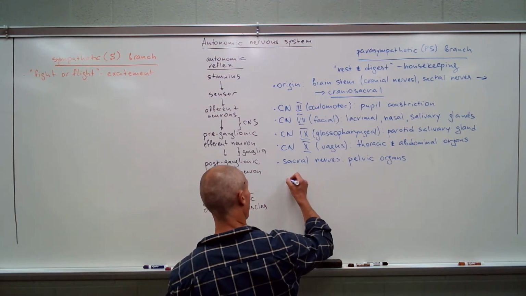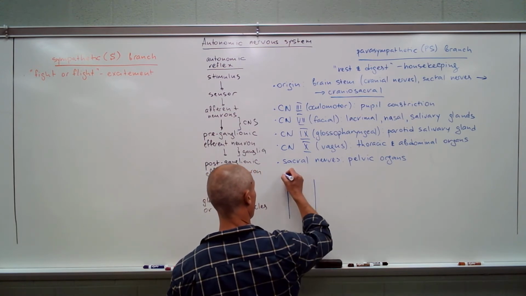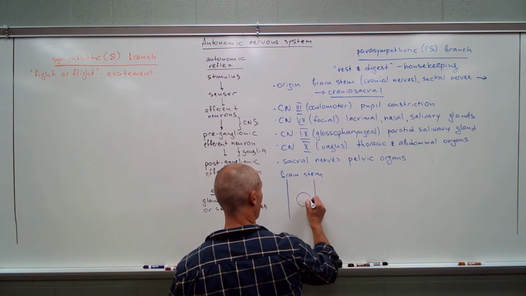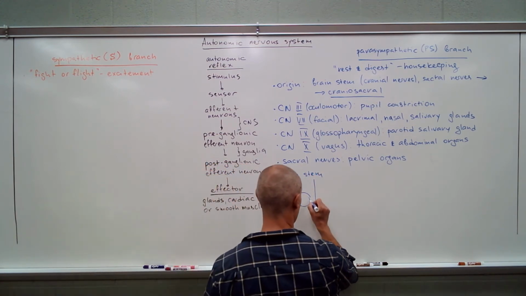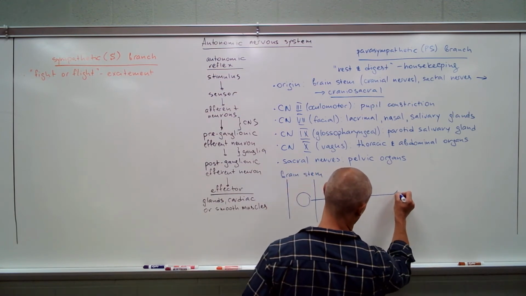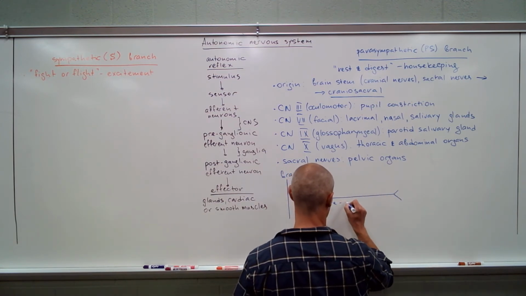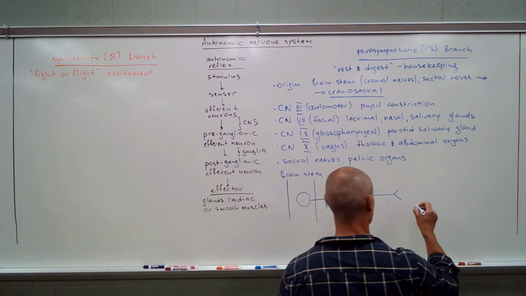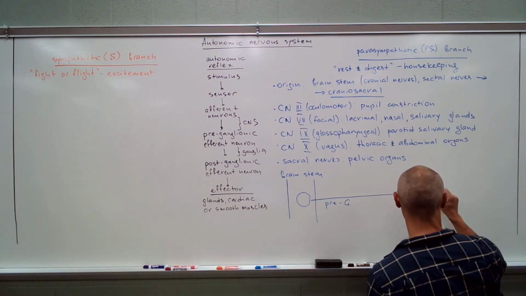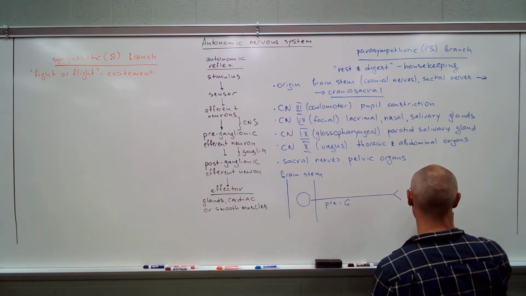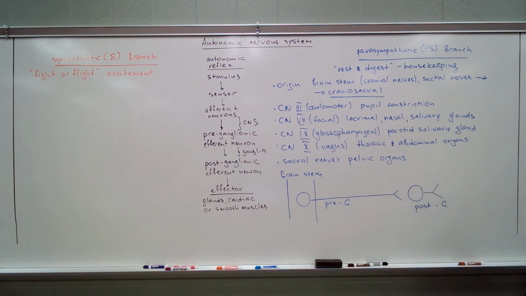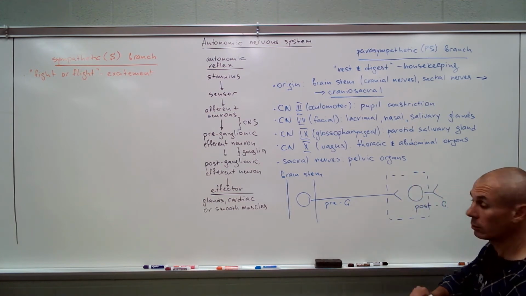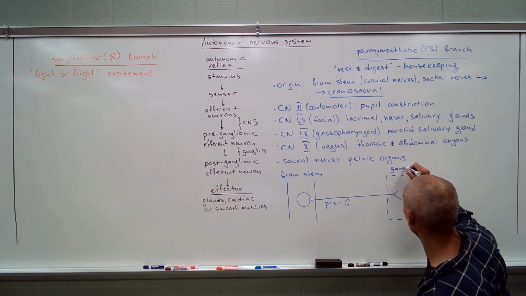So, this here is brainstem. Here you have a really long preganglionic neuron which synapses with a really short postganglionic neuron in the structure just called a ganglion.